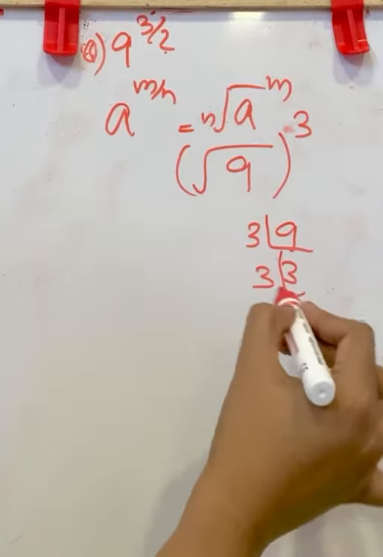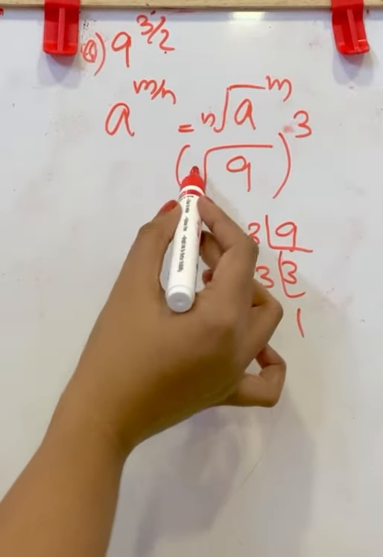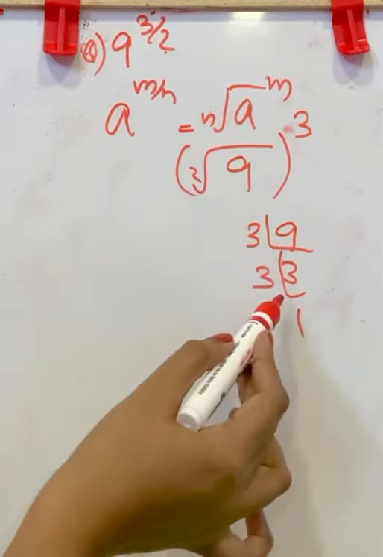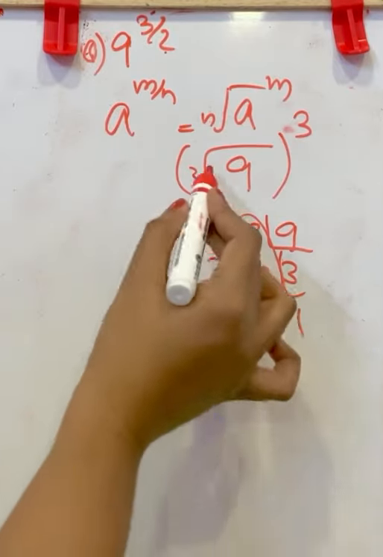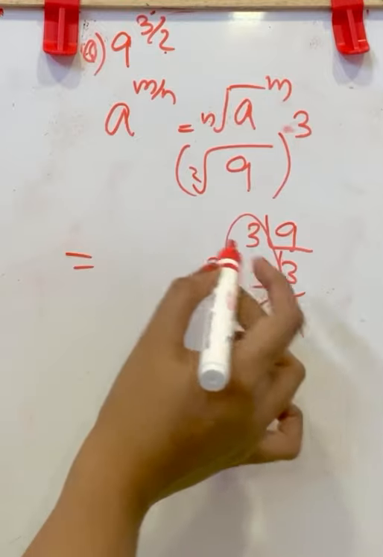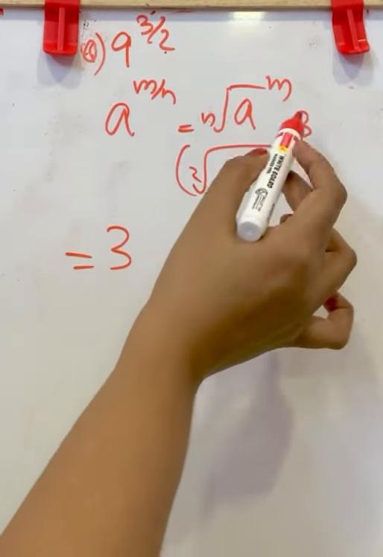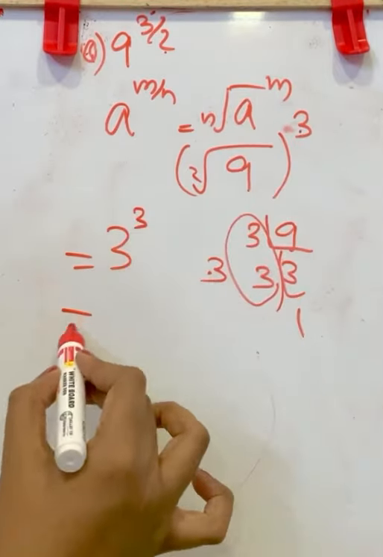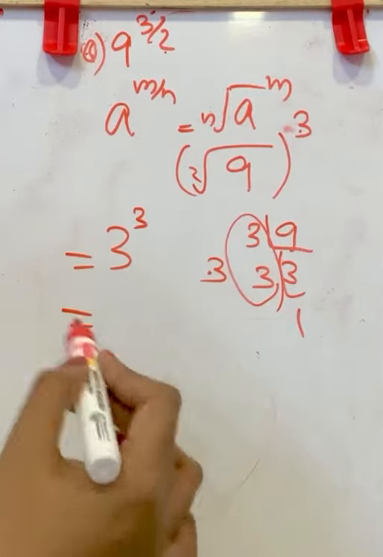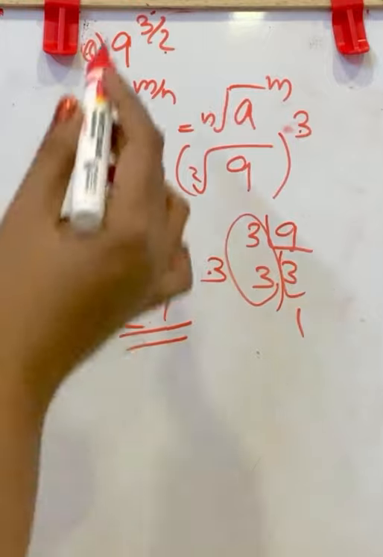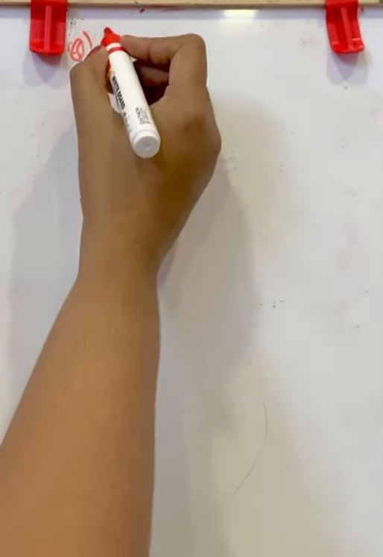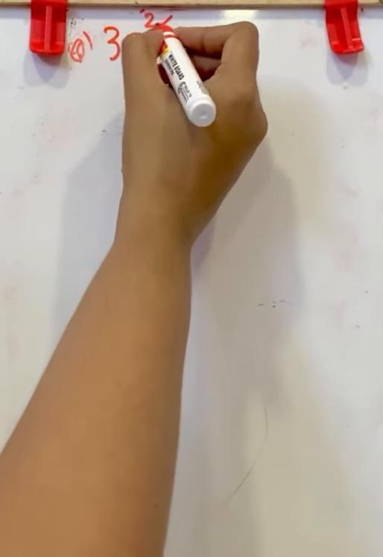Square root, because here it is 2. Now we will pair two numbers at a time and take one. So square root of 9 is 3 here, and there is a cube. So 3 cube is the answer. 3 cube means 3 into 3 into 3, which is equal to 27. 27 is the answer. Next is 32 raised to 2 by 5.